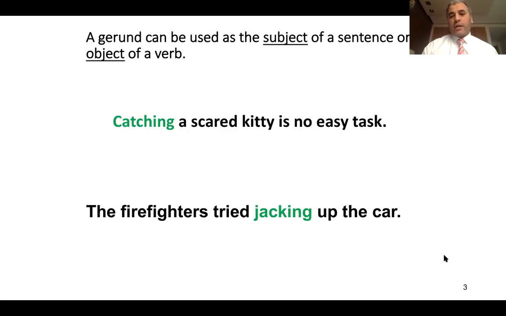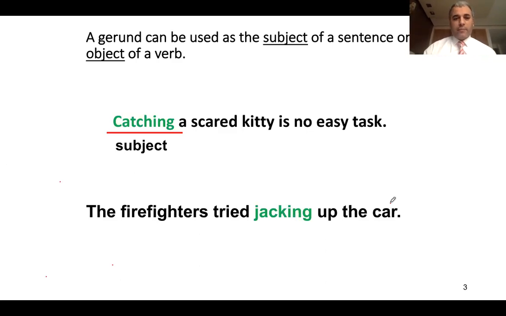Example, which we are taking from the paragraph: catching a scared kitty is no easy task. So you see here that the gerund is used as the subject of the sentence.